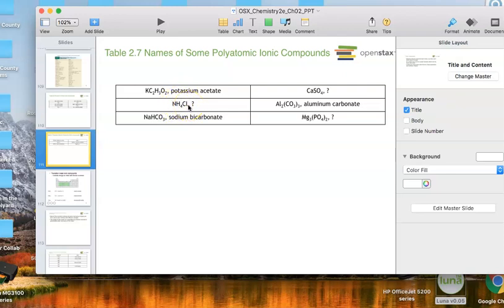That's why it's critical that you memorize your polyatomic ions, so that you can look at them and figure out where they are in the compound and how they're grouped together. So NH4 is a polyatomic ion called the ammonium ion. So the name for this compound would be ammonium. Chlorine becomes chloride, so ammonium chloride.